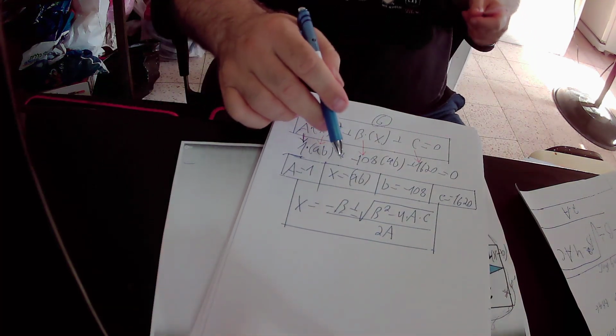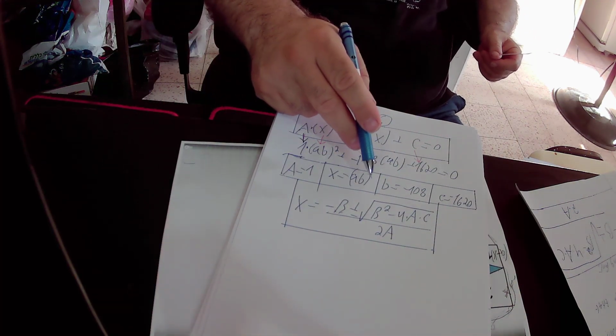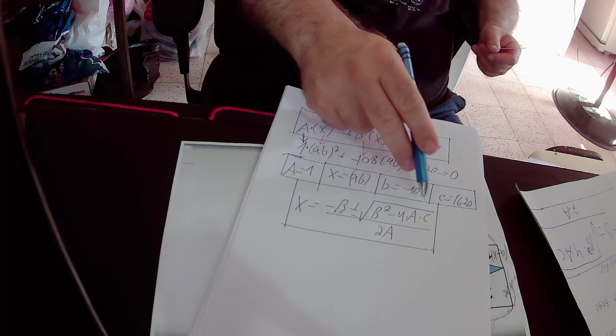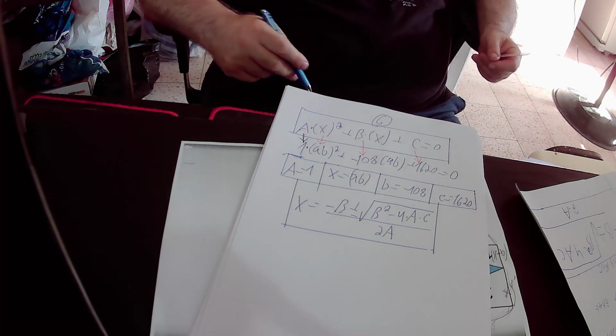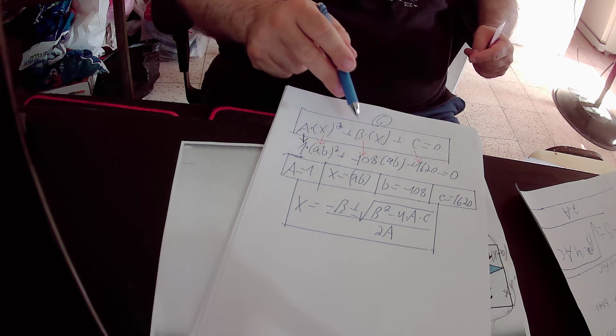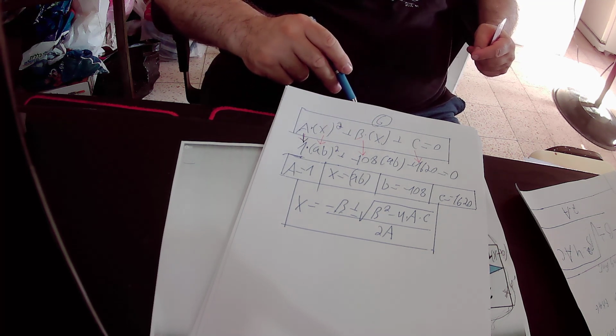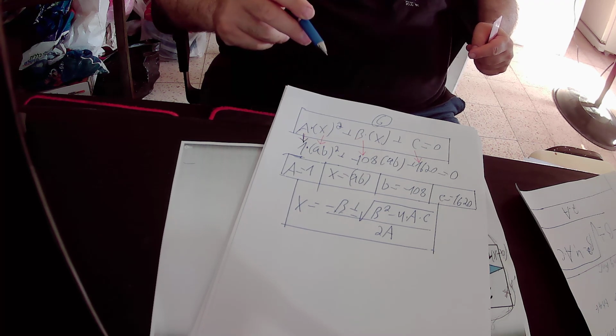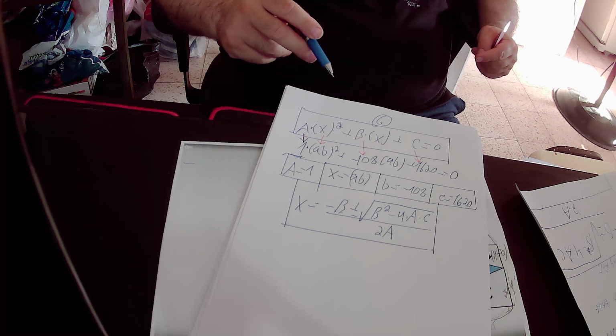x equals minus b plus or minus the root of b squared minus 4ac, all divided by 2a, and x actually equals AB in our specific equation.